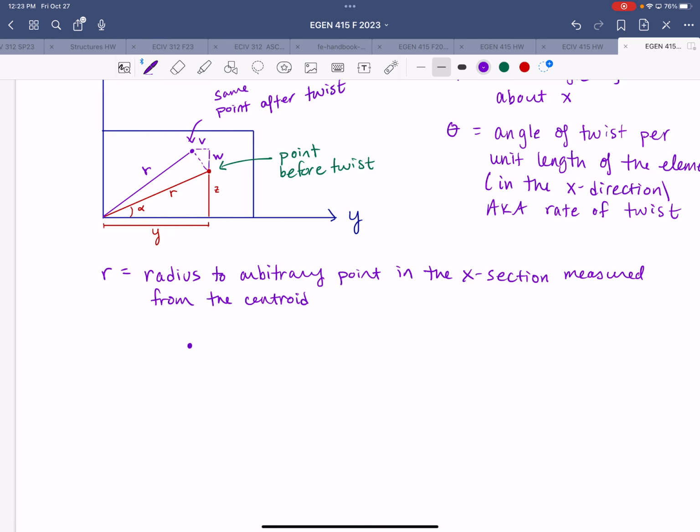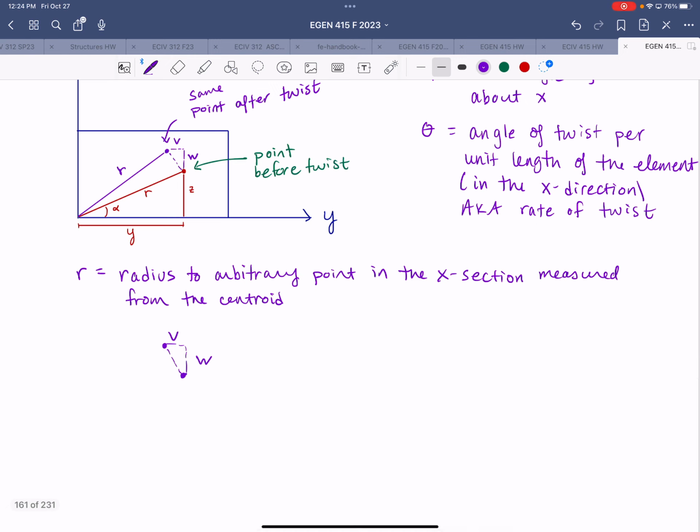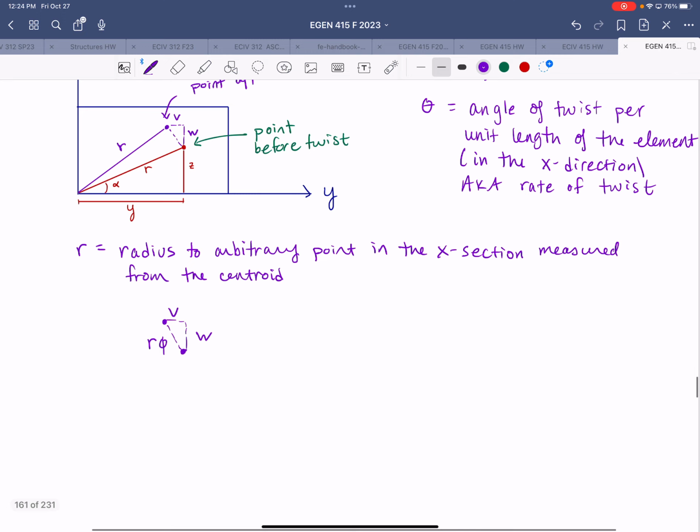So if we zoom in on that geometry, where W and V are changes in Y and Z, this side would be R times the angle phi, which is the total amount of twist at that location.